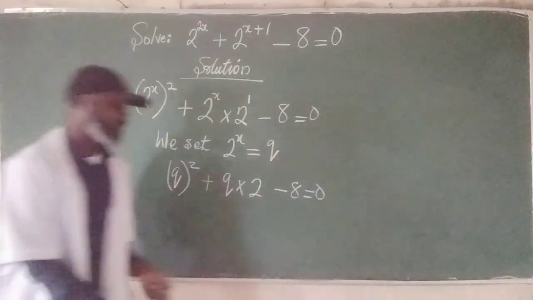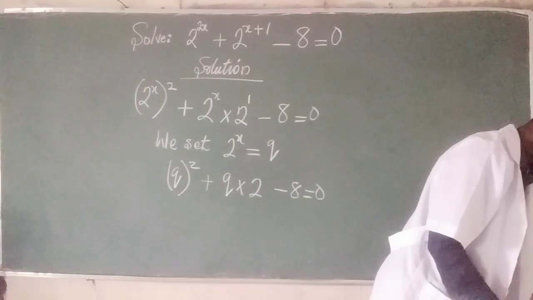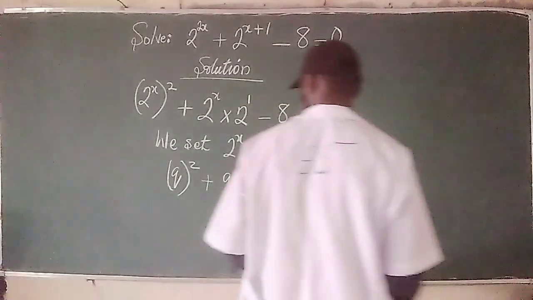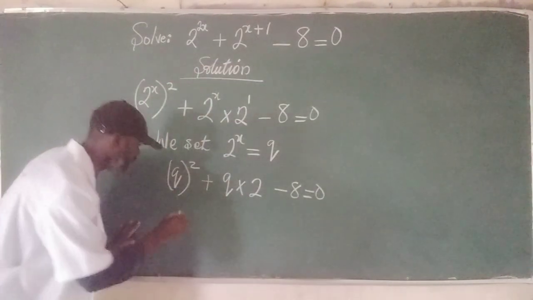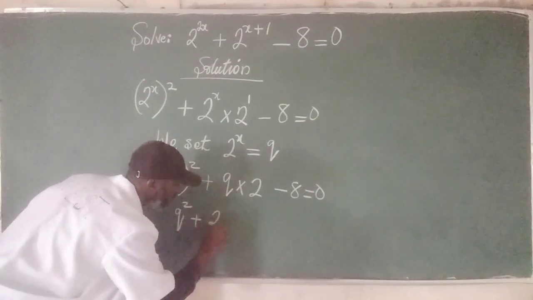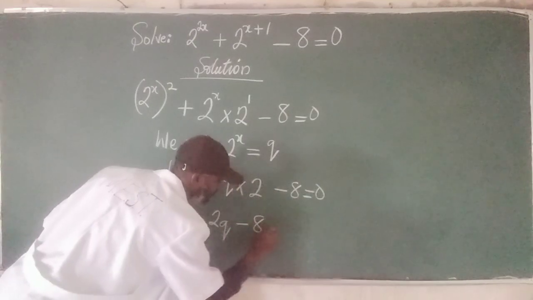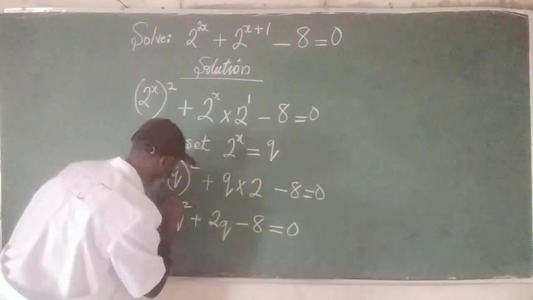So quickly, without wasting time, let me pick chalk. For the simplification, we have Q squared, and then here gives us 2Q, minus 8, all equal to 0.